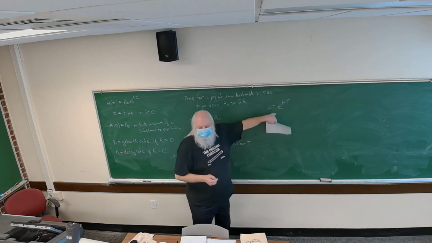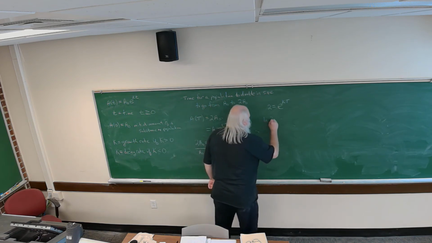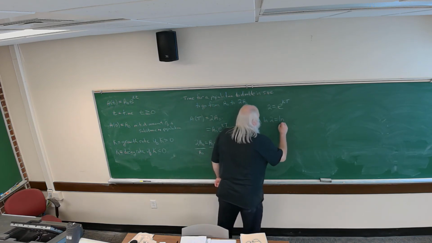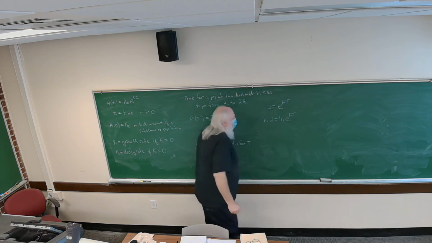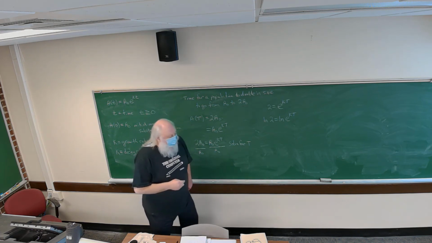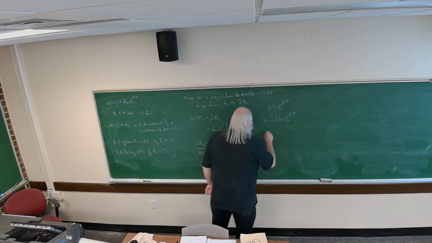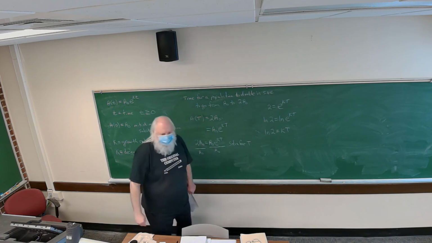So to get rid of e, we've got to take the natural log of both sides. We have the natural log of 2 is equal to the natural log of e raised to the k times big capital T power. And so on the right-hand side, that just simplifies to k times big T.